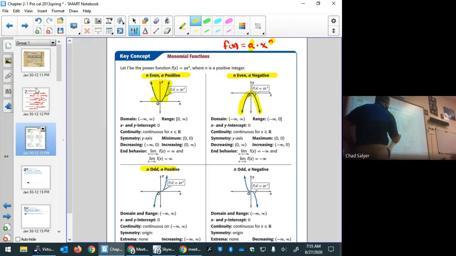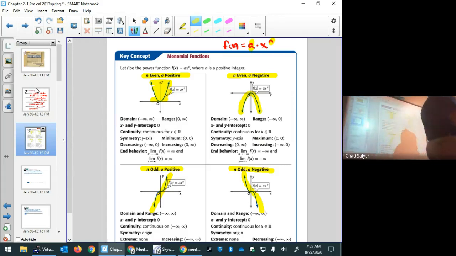So if n is odd, notice that the end behavior is toward different directions. If a is positive, it's like this. If a is negative, it's like that. So n even means it goes in the same direction; n odd, it goes in different directions. And positive and negative just cause it to flip over the x-axis.